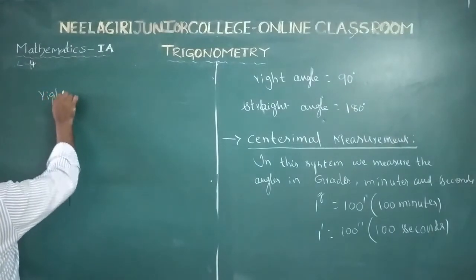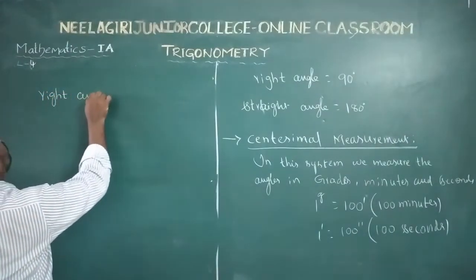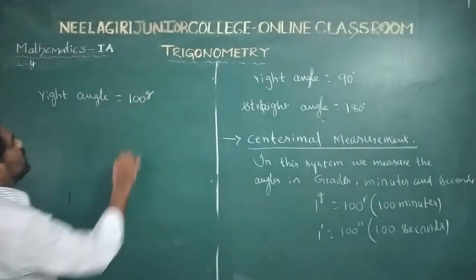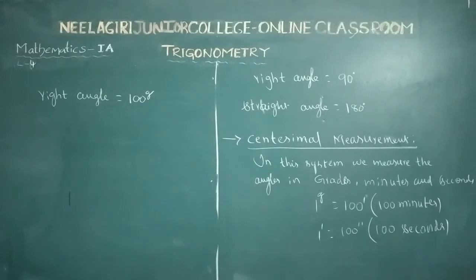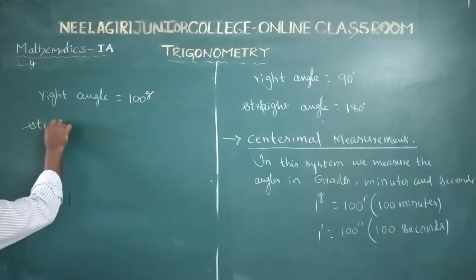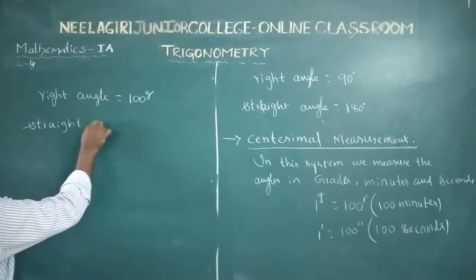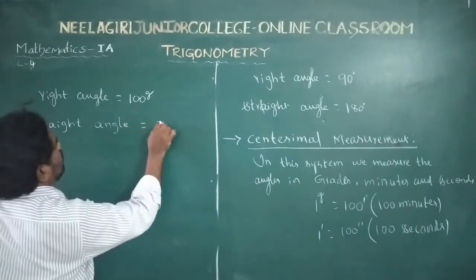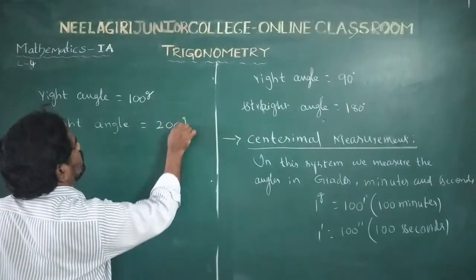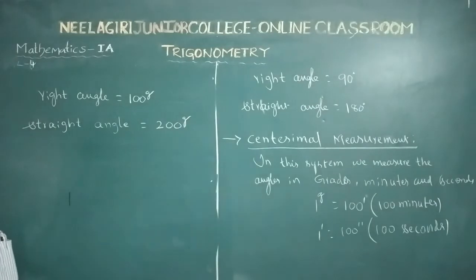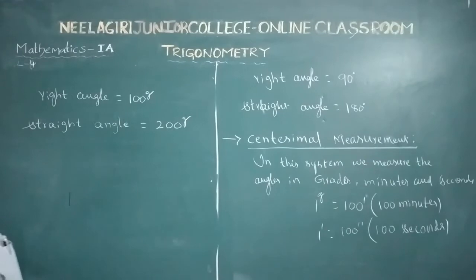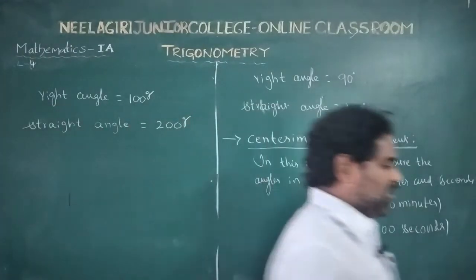A straight angle equals 200 grades, like this. This is the centesimal system.